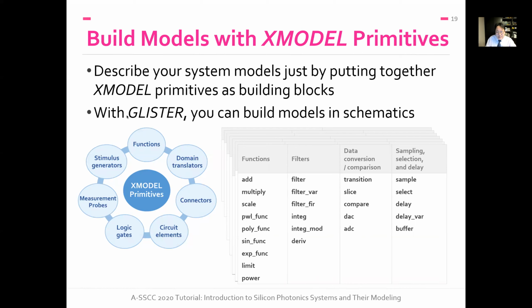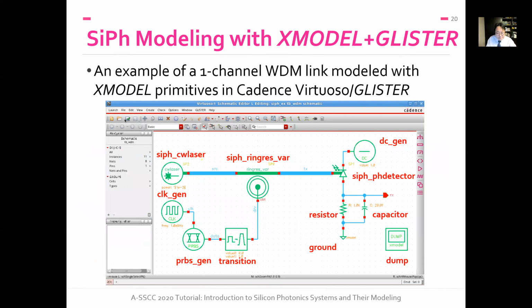And furthermore, if you use a tool called Glister, you don't have to write code at all. You can just build the models in schematic form, and you can simulate from the schematic directly. So to give you an idea, here's the simplest example of a wavelength division multiplexing link using these XMODEL primitives.